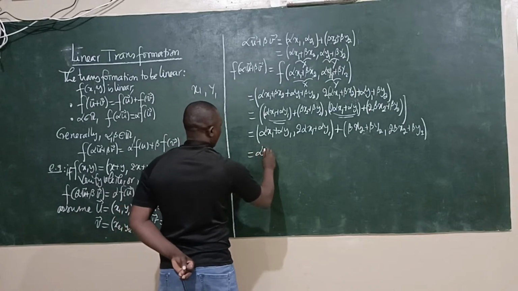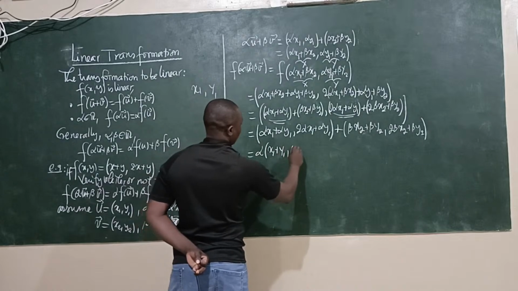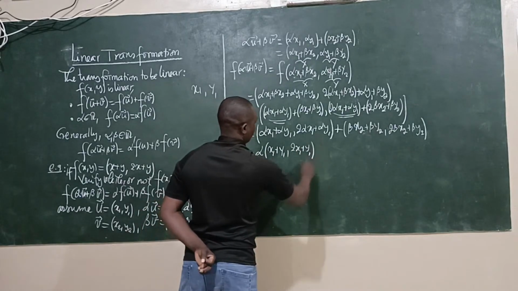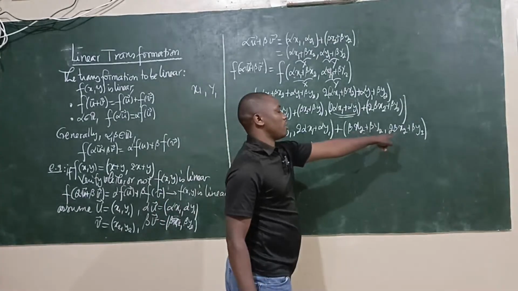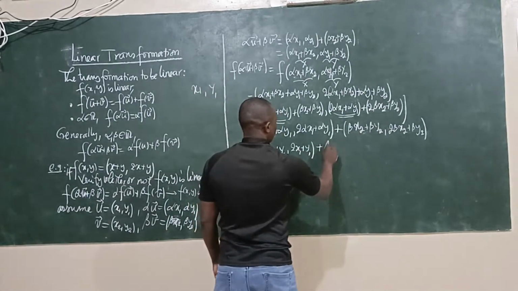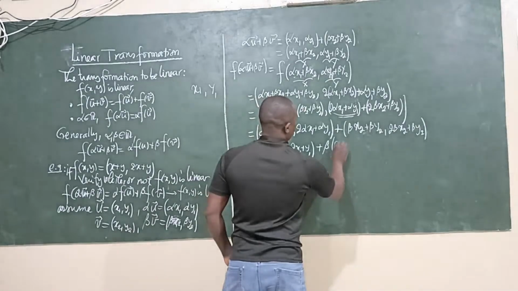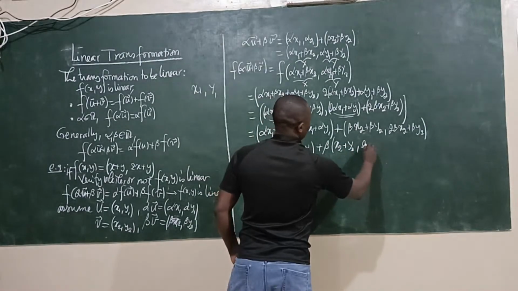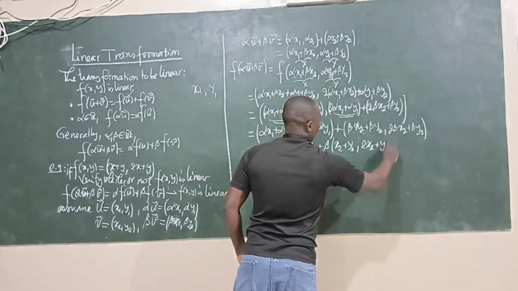Here is alpha into x1 plus y1, comma 2x1 plus y1, plus do the same for this where beta is everywhere. Take out beta. This is going to be x2 plus y2, comma 2x2 plus y2.